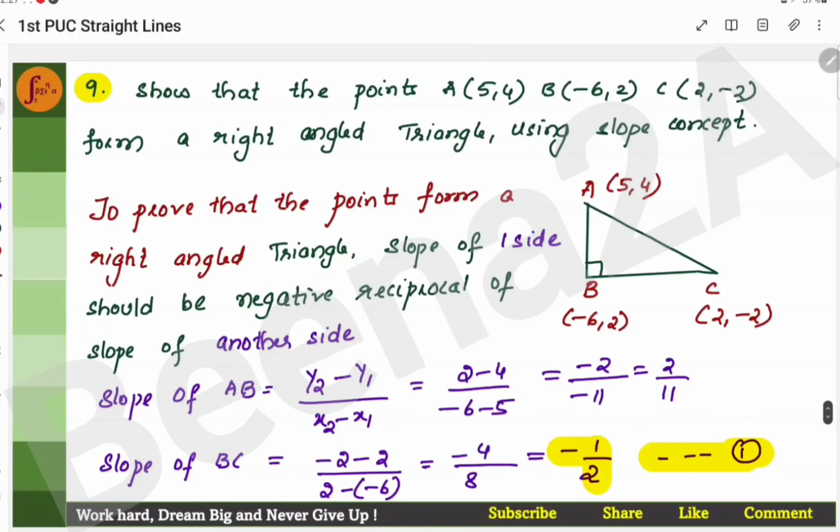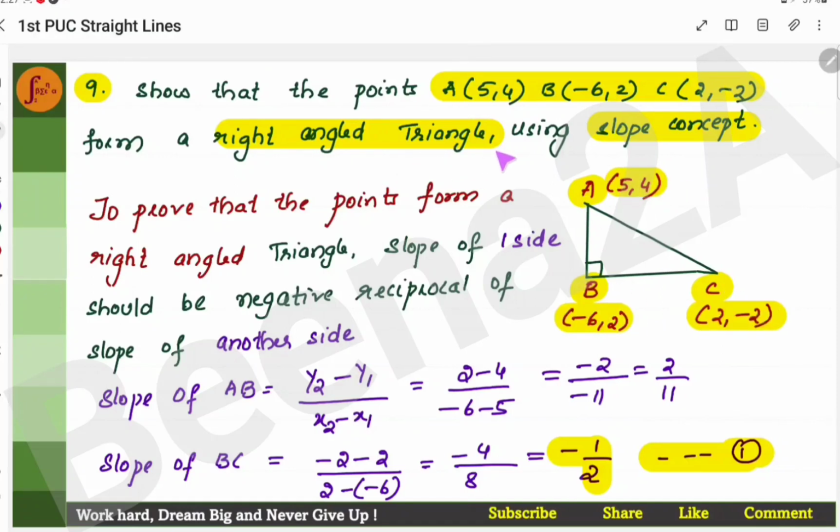Next one, show that the points form a right angle triangle using slope concept. Now assume that this is a right angle triangle A, B and C. The points are given. How do you show that the triangle is right angle? One of the angles should be 90 degree. What does it mean?